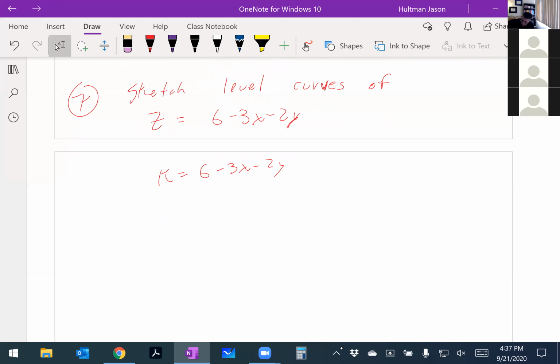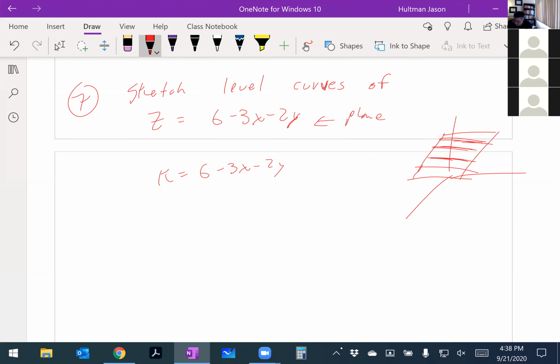So these are level curves when z is equal to k. This is a plane, right? Think of this as like a plane in space. And if I were to slice these with respect to the z-axis, what would I create? Wouldn't I create lines? Does that make sense?